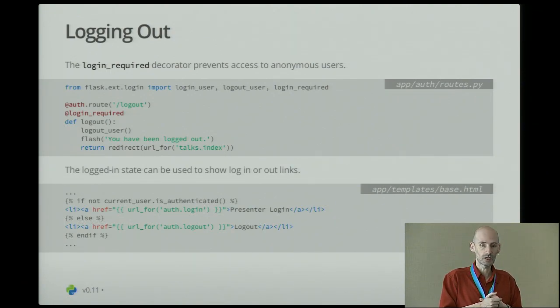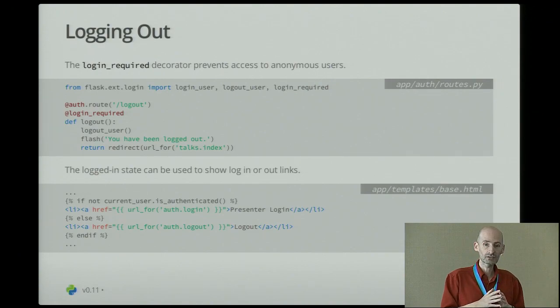That route will not be accessible to someone that's not logged in. That person will be sent to the login form anyway, and then may be sent back here. This example is not really that useful if you're logging out, but there are other things I'm going to show later where it's very important that the user is logged in. This will prevent any strangers from looking at stuff they shouldn't be looking at.